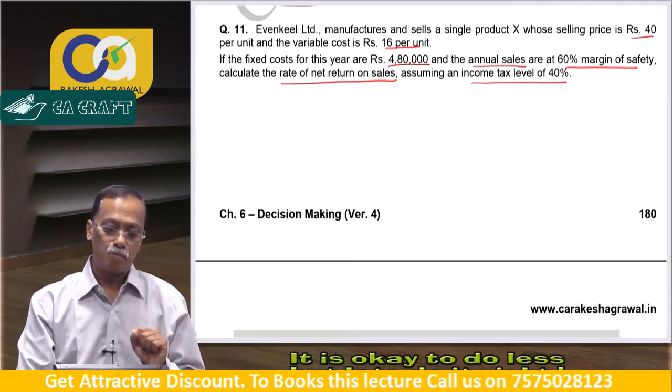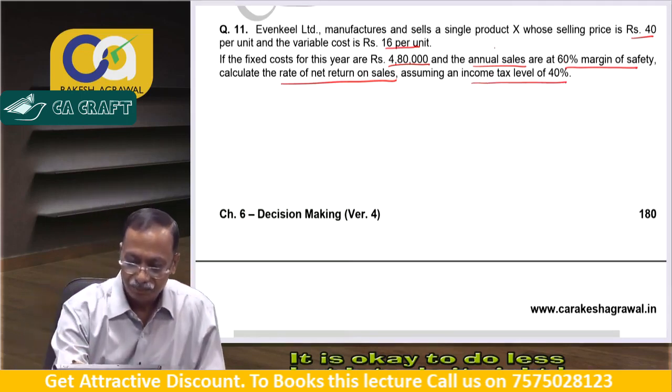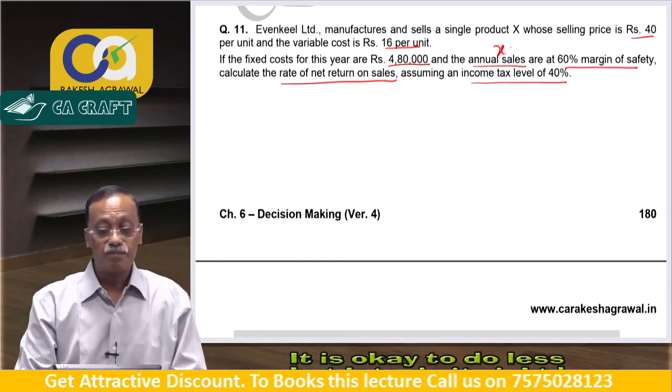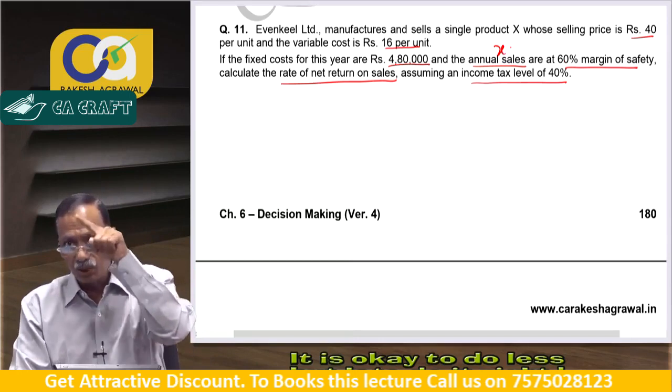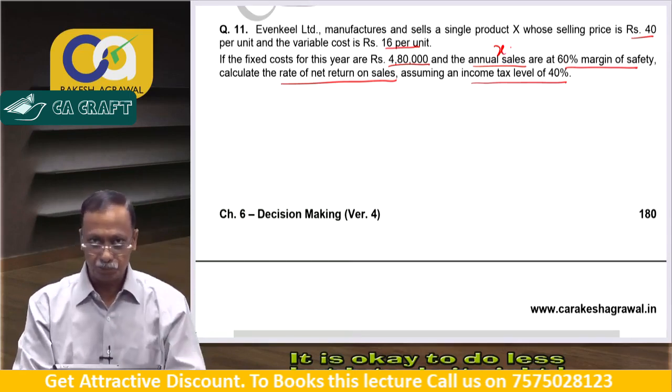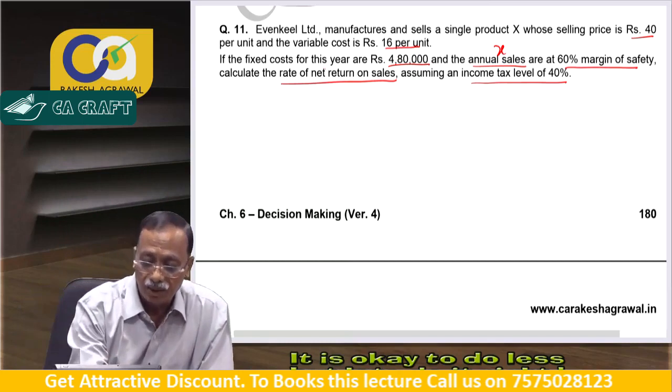Simply speaking, in this question, first of all, annual sales is missing. This is not known. But whatever that annual sales is, at that sales you are enjoying a 60% safety margin, and at that sales you have to calculate the net rate of return.